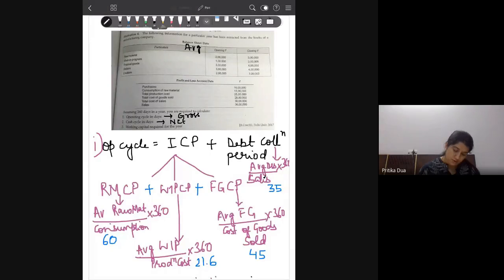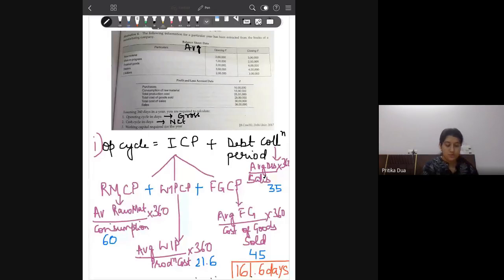Okay, so the sum total is coming to 161 days. This is your gross operating cycle. Since in our question we have been asked gross and cash separately, we'll leave this as the first part. But if a simple operating cycle is asked, then you calculate both the gross and the net operating cycle.